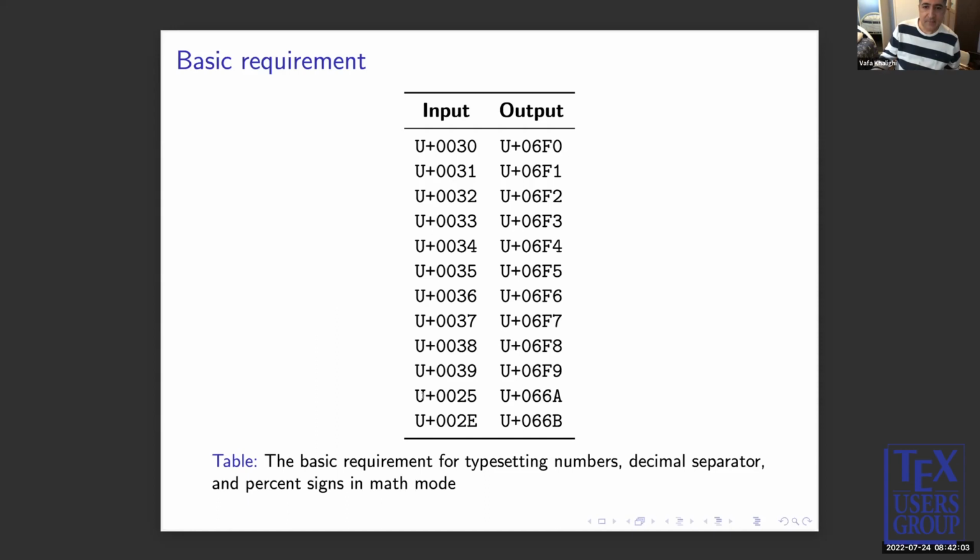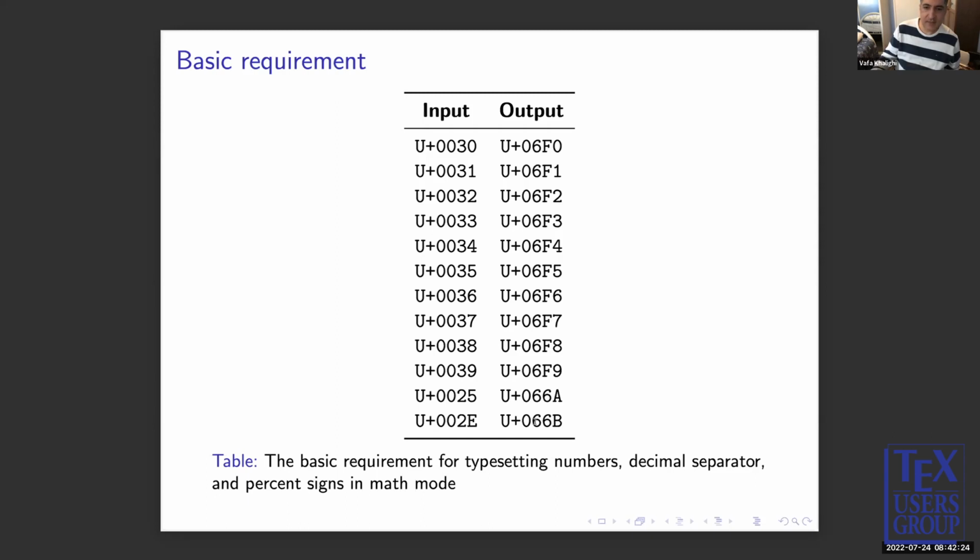And then U+0025 is the percent sign. So we also need to convert that to the Arabic or Persian percent sign. And then we have the period or just the dot, which is U+002E.